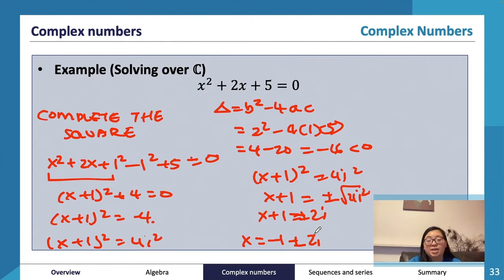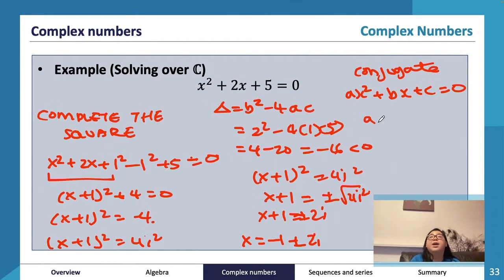And this is where something called the conjugate root theorem sneaks in. What the conjugate root theorem says is that if we have something like ax squared plus bx plus c, and this applies for any polynomial, not just quadratics, it applies for any polynomial in the universe, if a, b, c all belong to R, and we're solving over the complex plane, if there is one complex root, there must be another complex root, right?